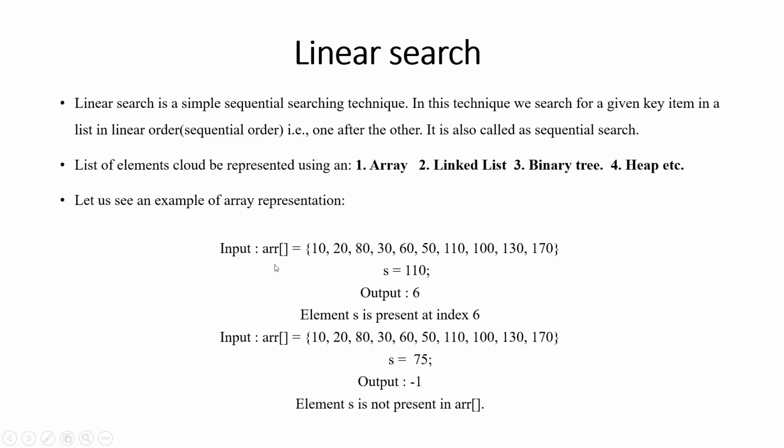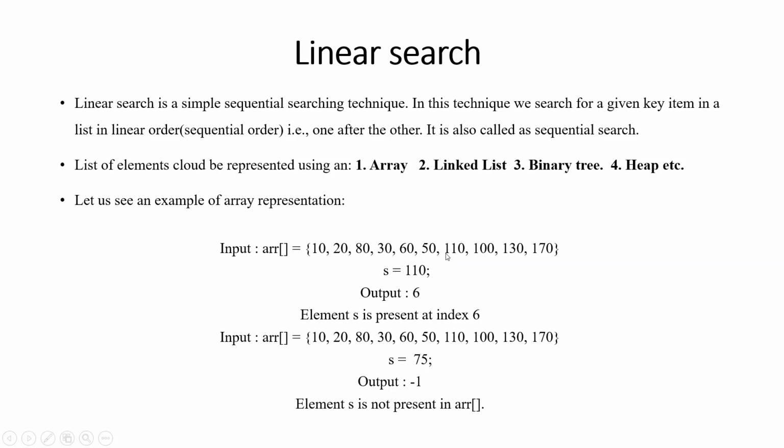Let us see an example of how an array can be searched using linear search. Here is an input array containing a set of elements. Among these elements, I am going to search whether a particular element is present in the list or not. So the search element s equals 110. It will compare one after another in sequence, and if the element is found at a particular position, it returns that position.